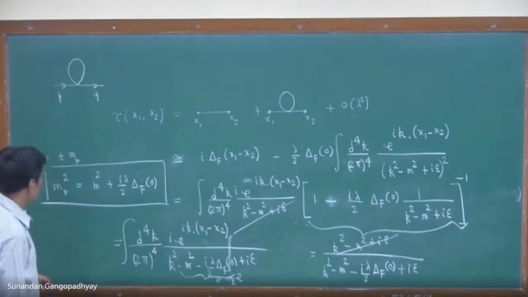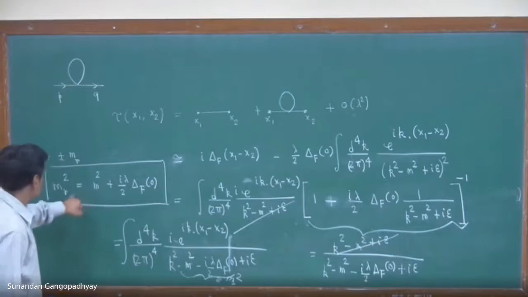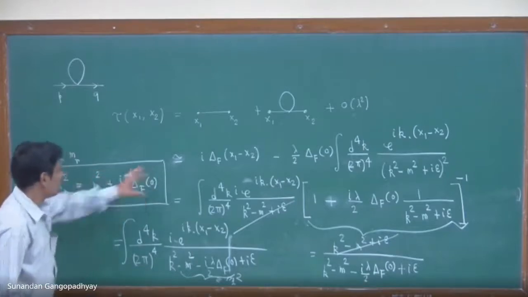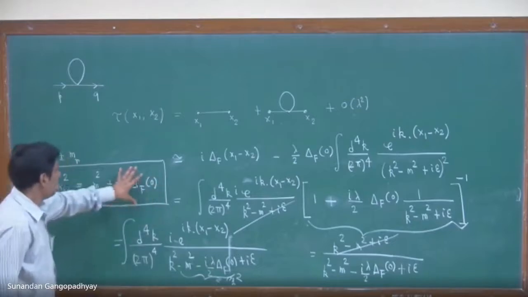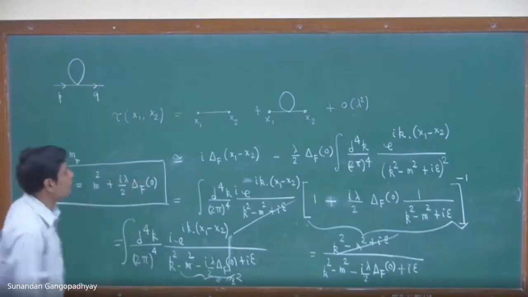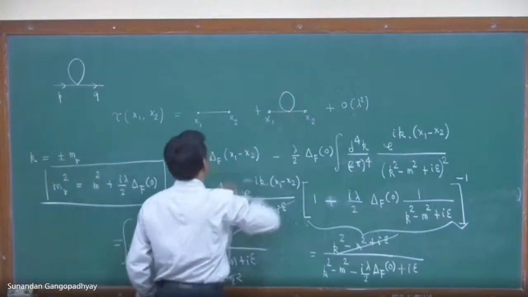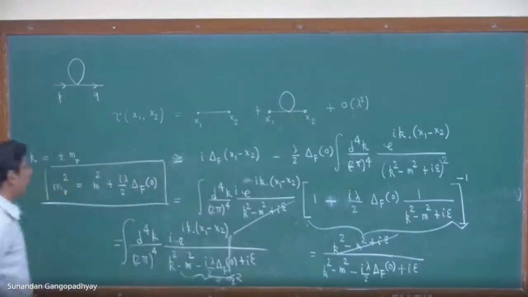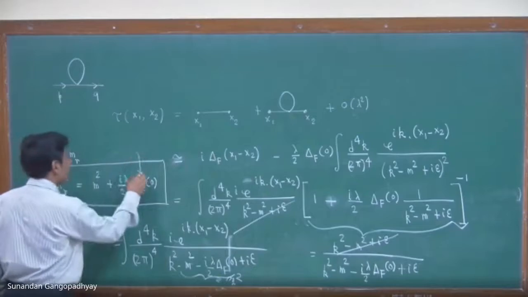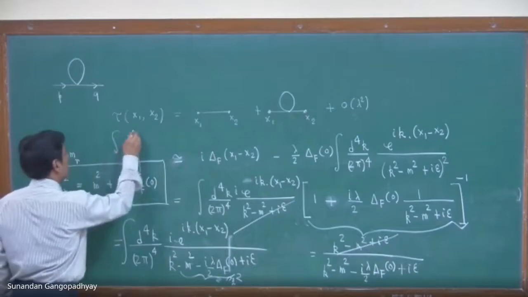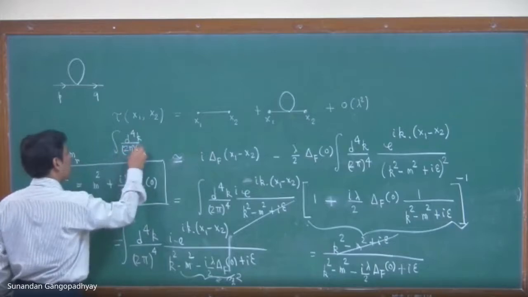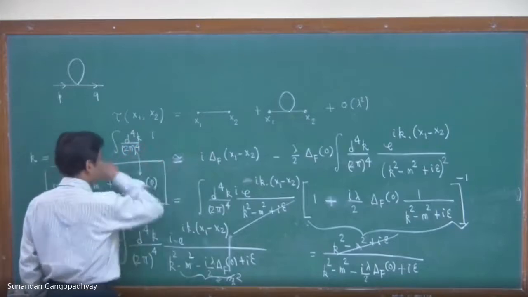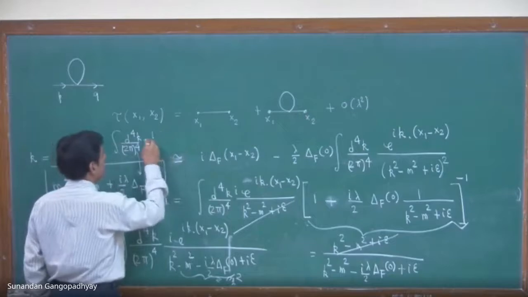Why? Because you see that the term that we have over here is delta H0, which is basically this thing. If you write down the expression for this delta H0, this is nothing but the integral of d^3k by (2 pi)^3 ... square.